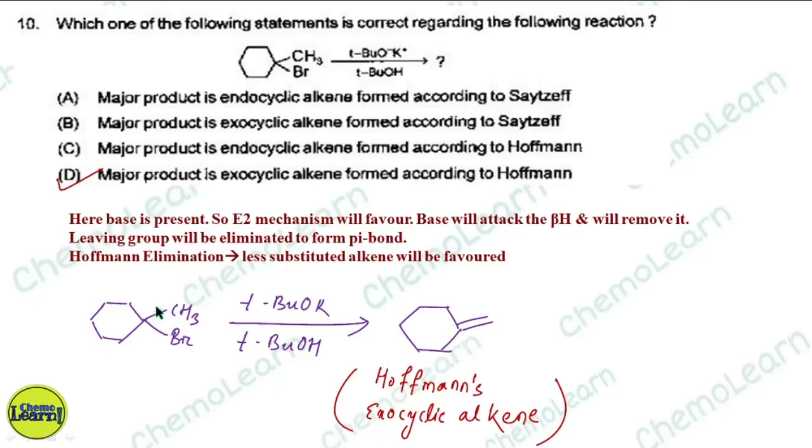So, here one double bond will be formed, that is pi bond, and our product is Hofmann's exocyclic alkene. Okay, this beta hydrogen will be removed instead of this. Okay, and the product will be Hofmann's exocyclic alkene, that means less substituted alkene will be favored. So, the correct option will be D. Major product is exocyclic alkene formed according to the Hofmann rule.